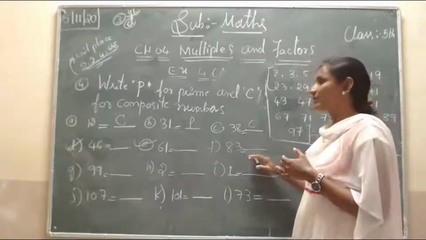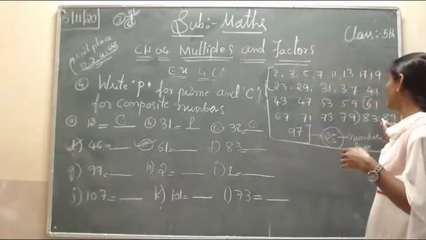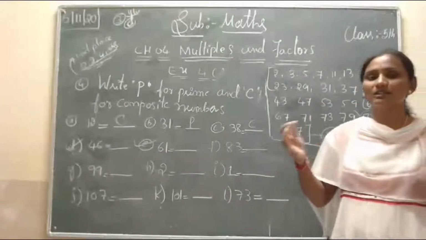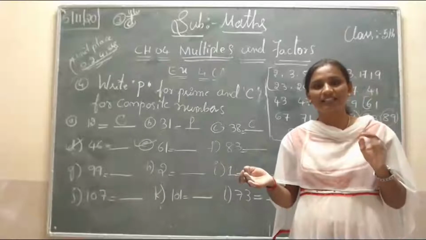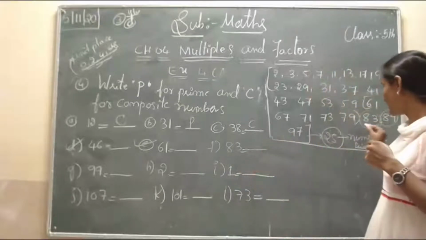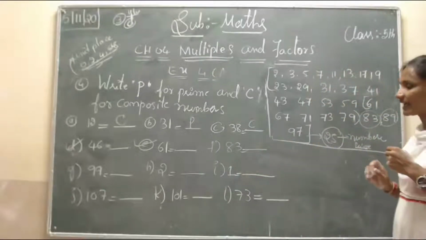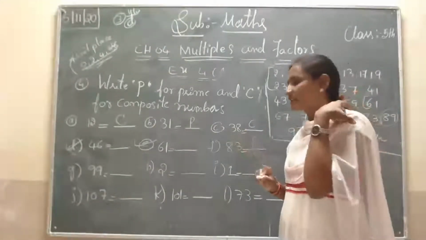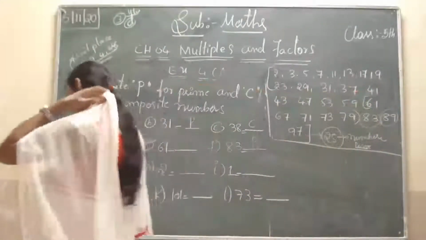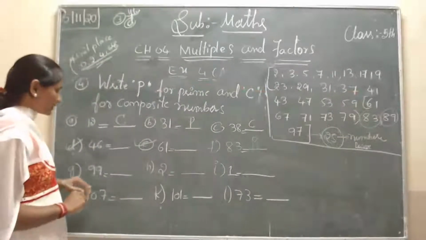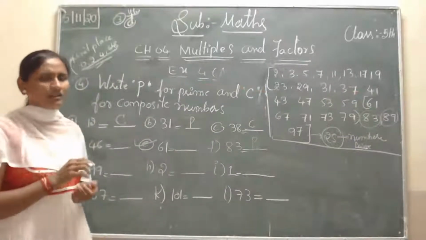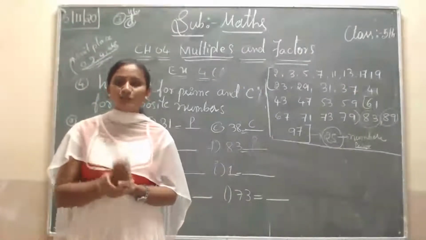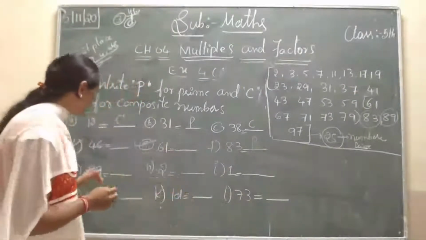Yeah, 83, students. 83 and 89 are the only two prime numbers between 80 and 90, so 83 is a prime number. Okay, so 99, students. 99 is an odd number, but it is not a prime number, because it is a composite number with three or more factors.